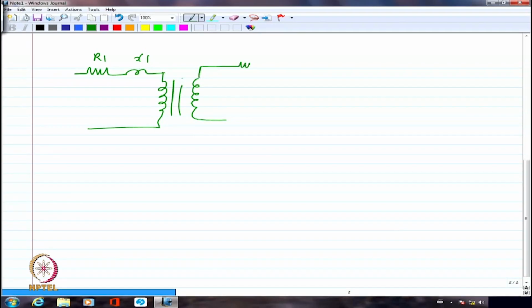Now, if I am connecting a load of 5.5 ohms, what we calculated as the base impedance, under normal operating condition, I should see that the current that is flowing is 100% or rated current.